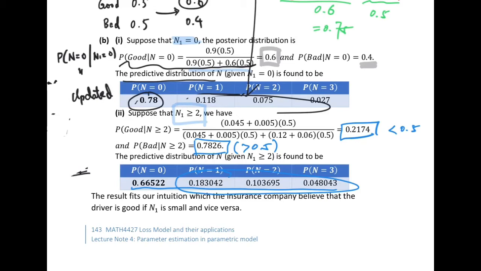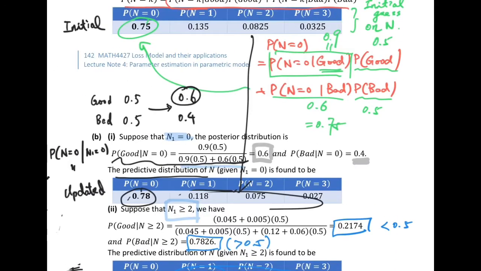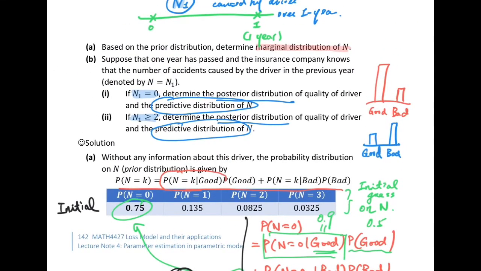So this is the detailed calculation of how we get this posterior distribution and the predicted distribution based on this new information. We can also see that the result we get here is consistent with what we expect. If low accident, more bias on the good driver. If N1 is large, meaning that it is a troublemaker, then more bias on the bad driver side.